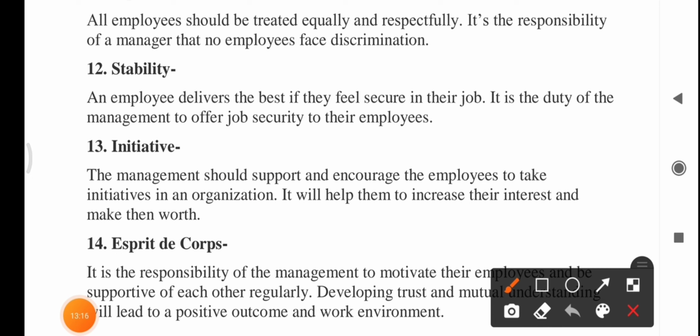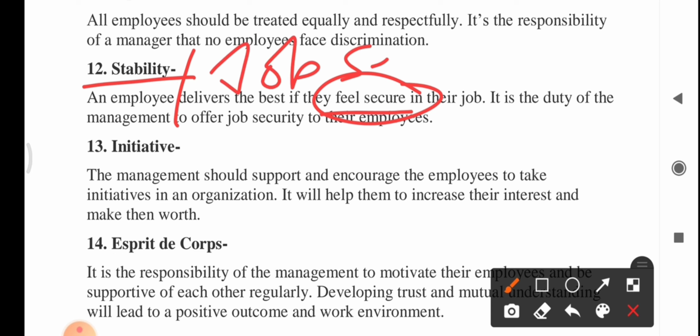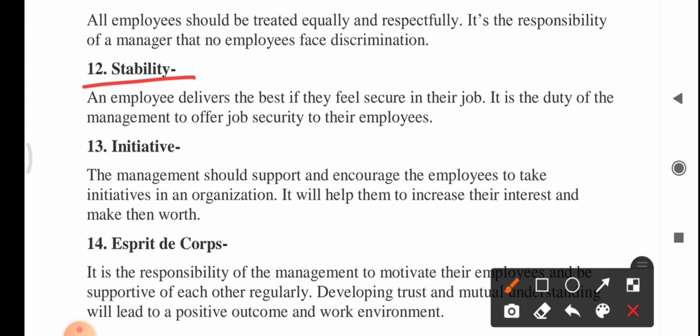Principle number 12 says stability. An employee delivers their best if they feel secure. Stability here means job security. Job security is one of the most important factors when you are working. Wherever you work, you want to know how long you can survive with that organization.